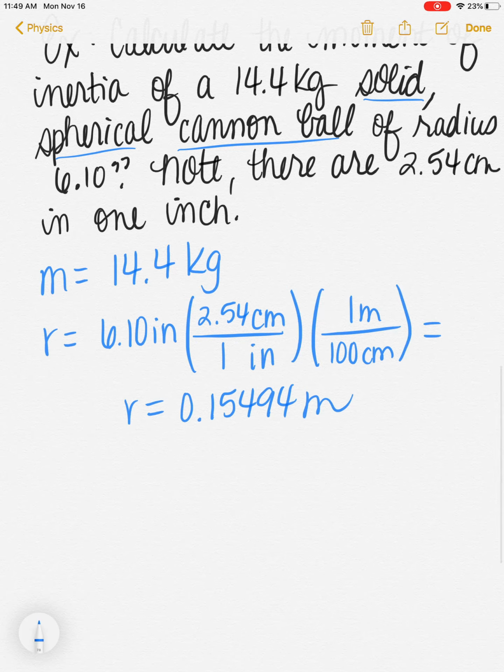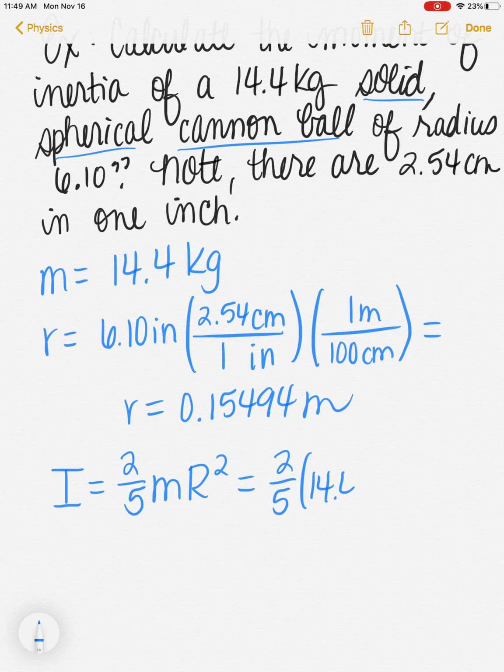Now, we are trying to find the moment of inertia for a solid spherical cannonball. So you go to that note card that you made during the last class session, and you find an equation that deals with a solid spherical object rotating about its center. It should tell you that the moment of inertia for a solid rotating sphere is equal to 2/5 mr squared. So 2/5 times the mass, 14.4 kilograms, times the radius, 0.15494 meters, squared.